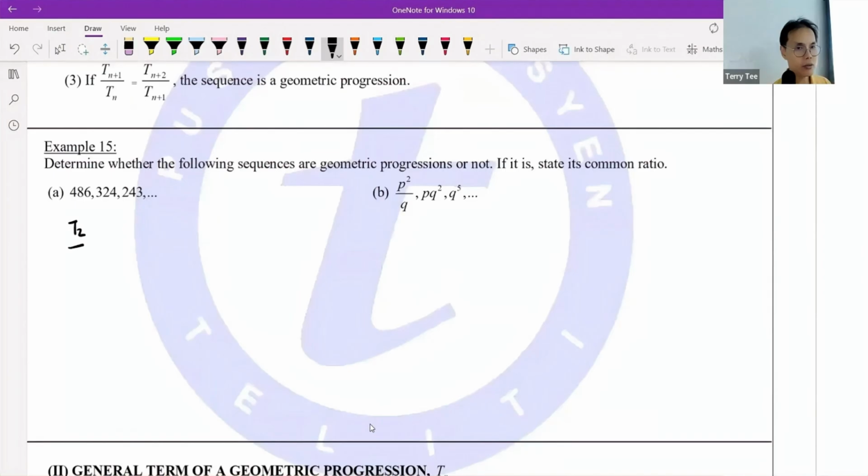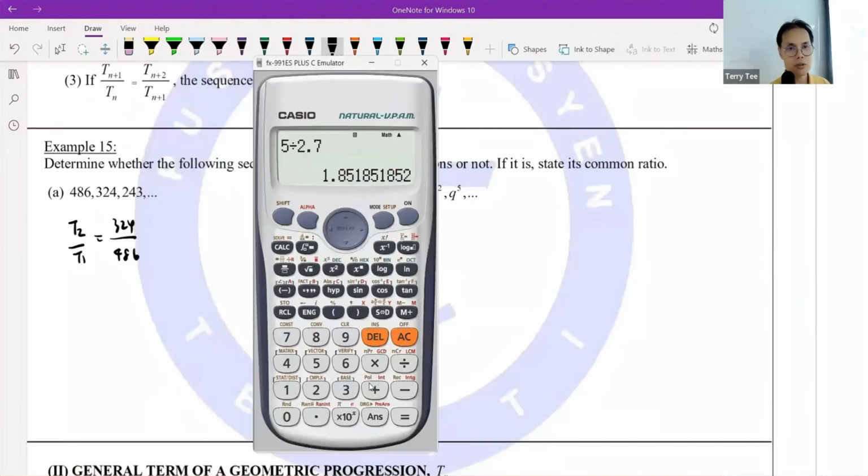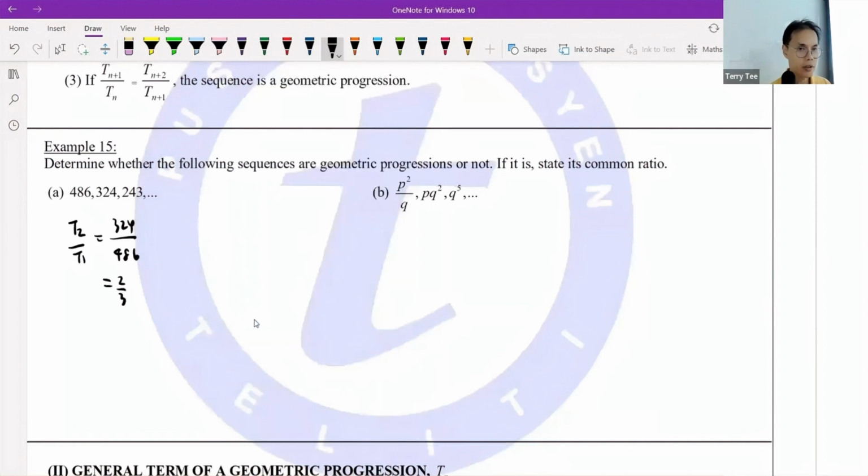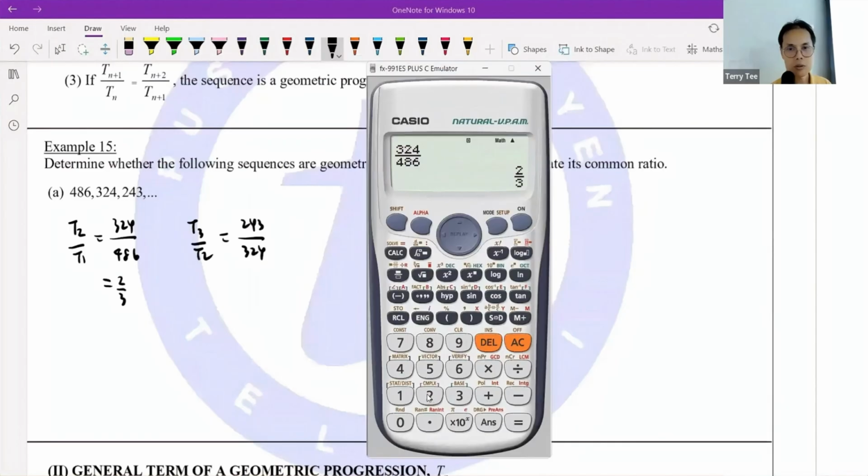The first one, T2 divided by T1: 3, 2, 4 divided by 4, 8, 6. What do you get? Is it half? No, it's not half. I got 2 over 3. Then T3 divided by T2: 2, 4, 3 divided by 3, 2, 4.